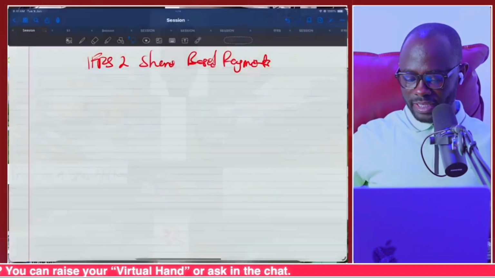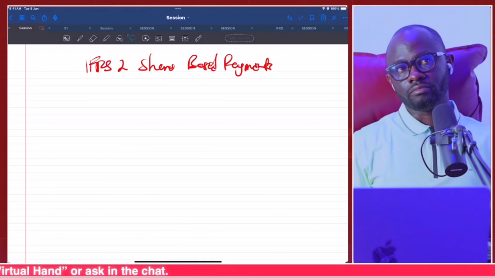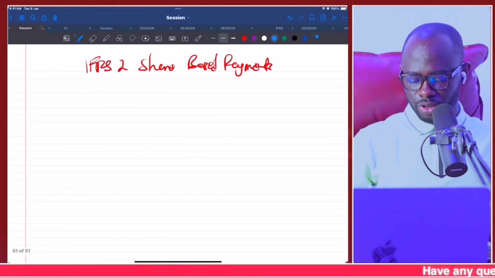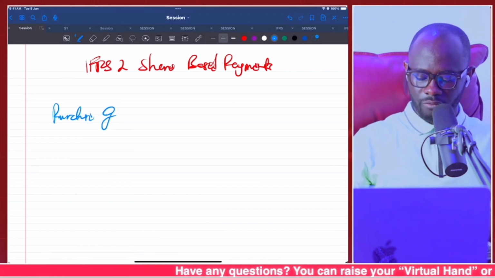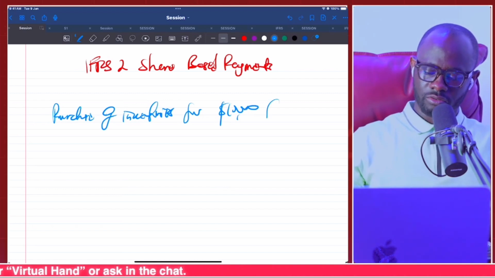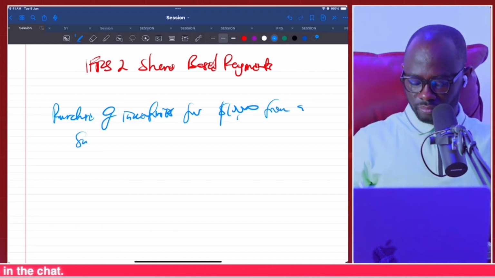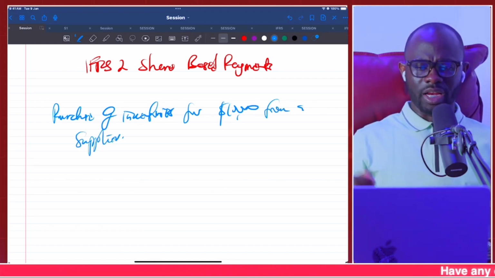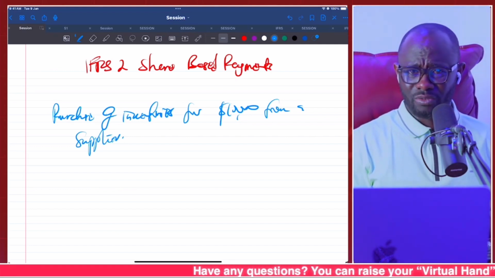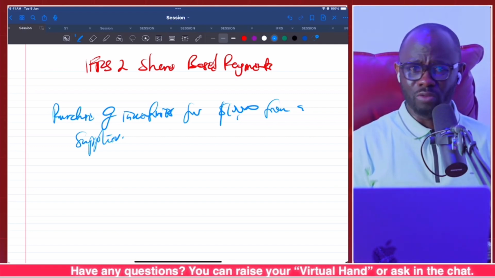So what is the idea about share-based payment? Simple. Let's say that an entity has bought goods. Okay, so purchase of inventories for $10,000 from a supplier. Normally, when we buy inventories, it means that we've bought inventories, so you pay with cash.